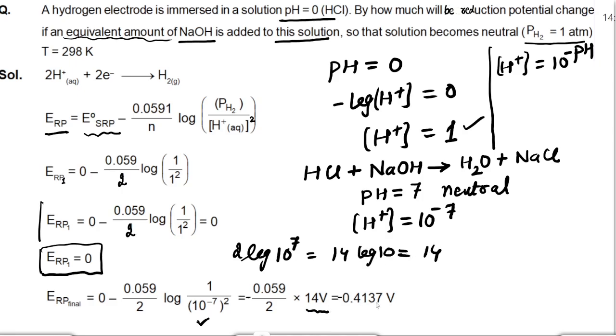So we take 14 and this way we get the value. So that means the change is 0.4137.